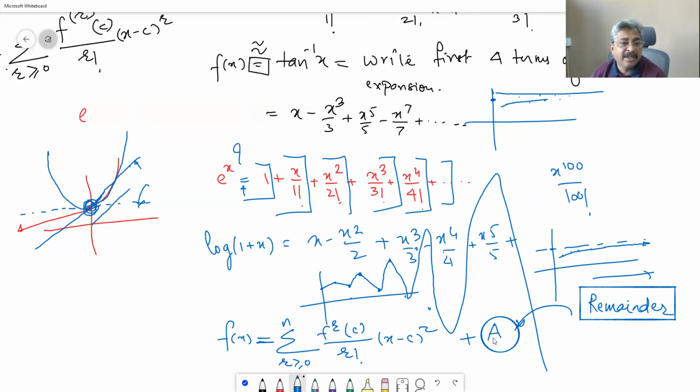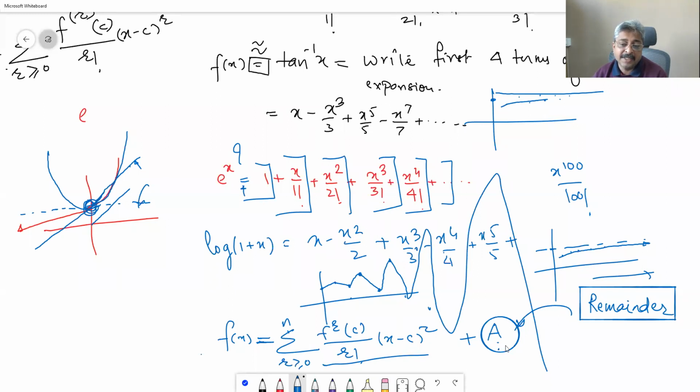How do we calculate the value which is the difference between the series expansion of n terms and the actual value of the function? What should be the value of the remainder that we should put? On what parameters it should depend, etc. We will have to work that out.